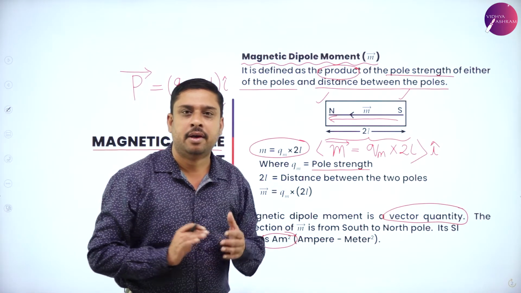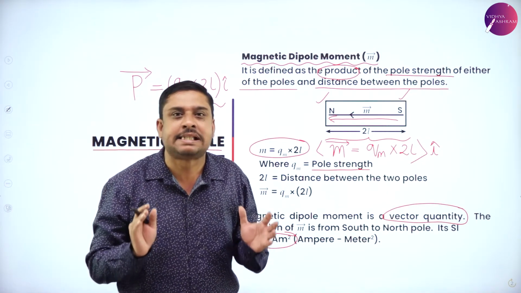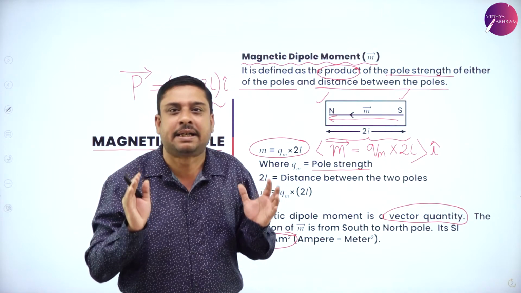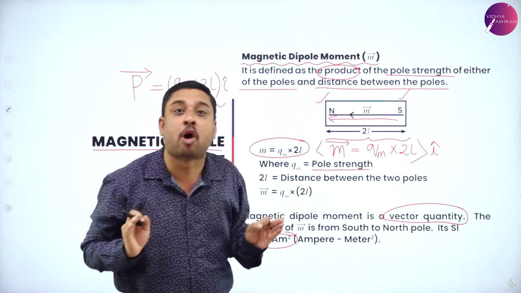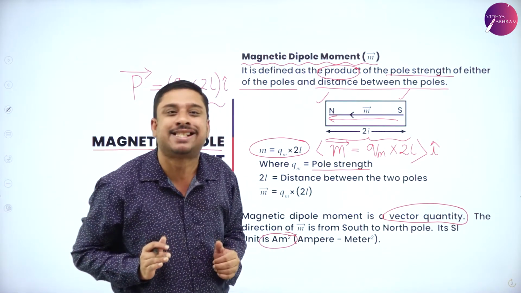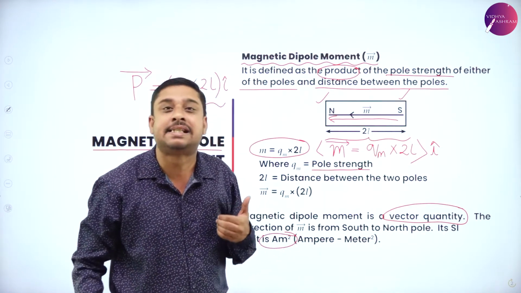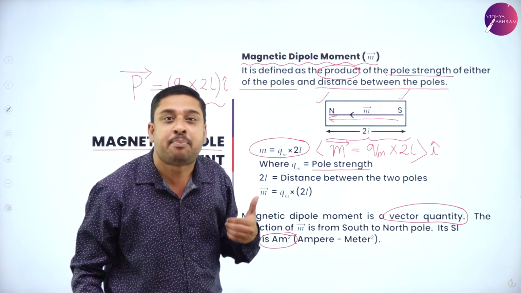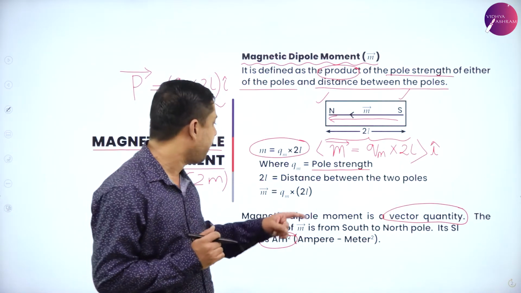So just to recollect, what is magnetic dipole moment? It is the product of the pole strength and the distance of separation between the two poles.